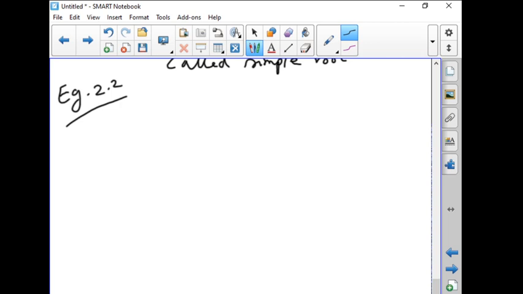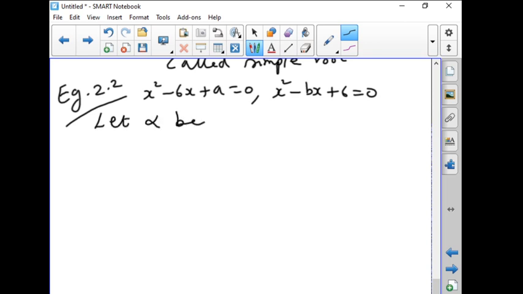The equations x square minus 6x plus a equal to 0, x square minus bx plus 6 is equal to 0 have one root in common. Okay, so let alpha be the common root.